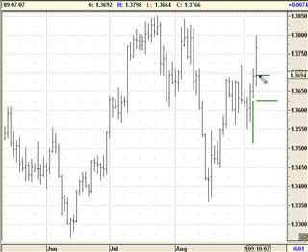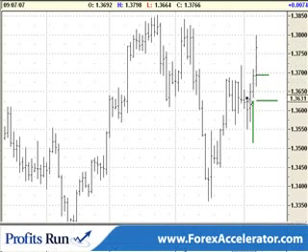As I said, you would have entered long on the open today on the 7th, and you can see the market moved right up. The exit strategy calls for exiting one half the trade at a profit target based on the average true range of the last 5 days. And it looks to me like that might have been right about in here.